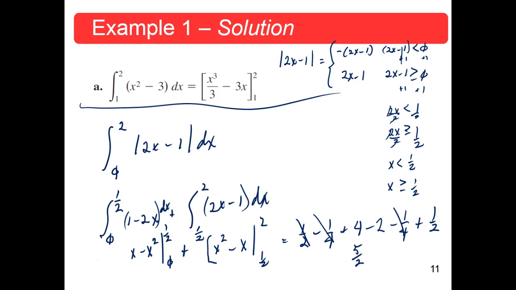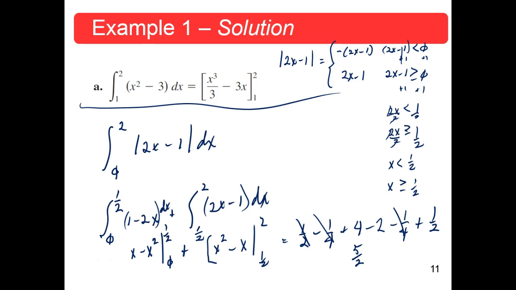Anyone? Any questions? You see how that works? You can't just say, oh, this is going to be minus this from minus something other than 0. No. You can't do that. You have to say, does this thing in here, when you plug in either one of these limits, give you a negative number? Yes, it does.